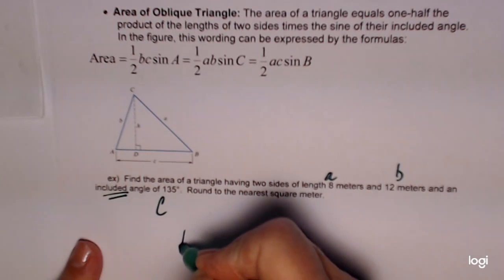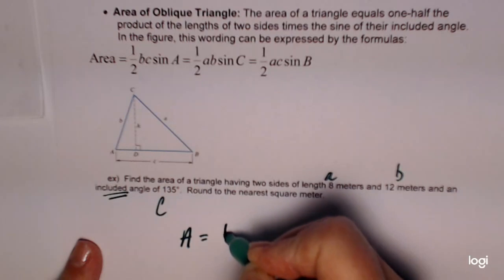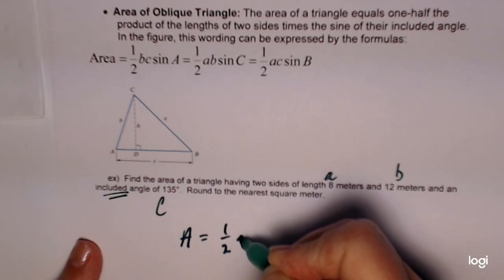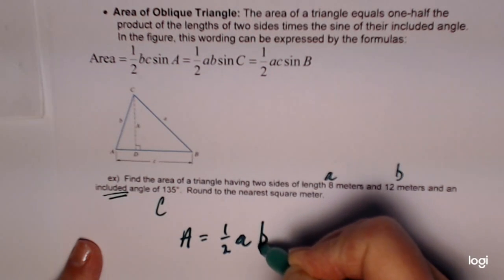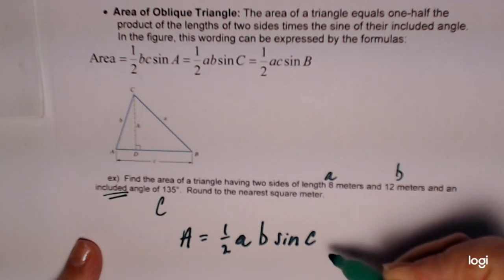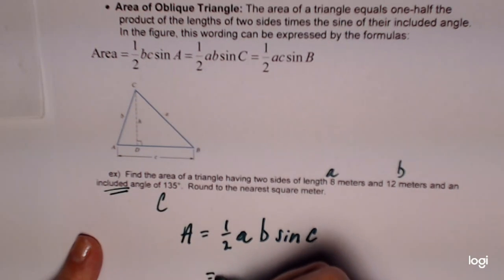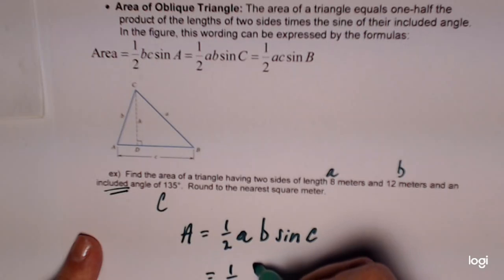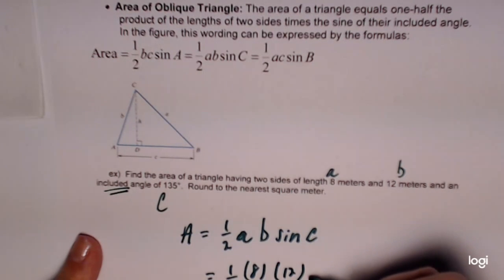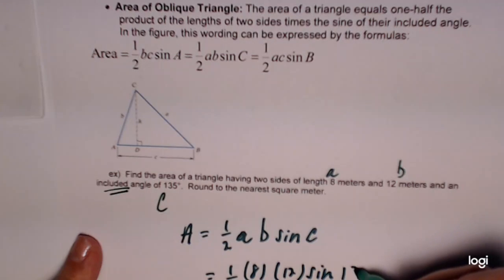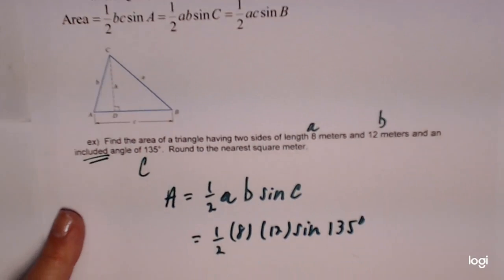So looking at our formula, it's going to be area is equal to 1/2 A times B times the sine of C. So we have area is 1/2 of our 8 times our 12 times the sine of 135 degrees.